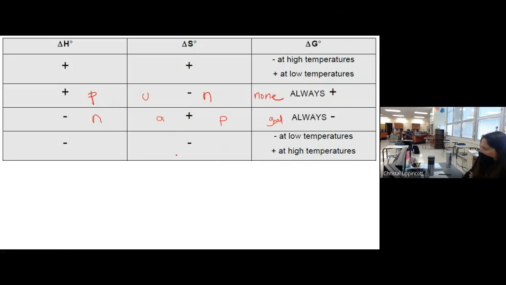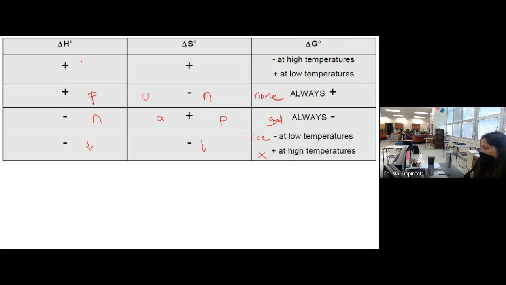The other thing that you can do for these is I think of ice. If my temperature is low, and my disorder, that would lower my disorder too. That ice would form in low temperatures, but it wouldn't form at high temperatures. Does that make sense? So I can reason through it this way.